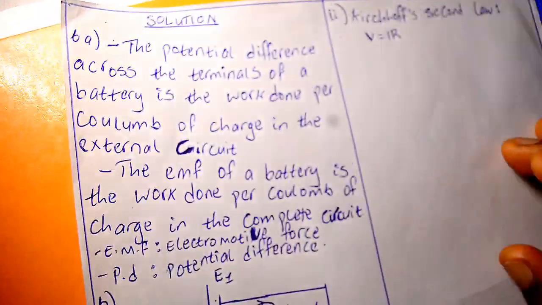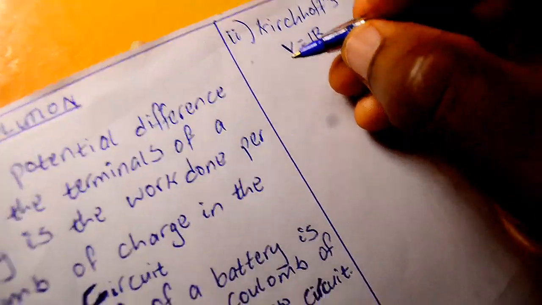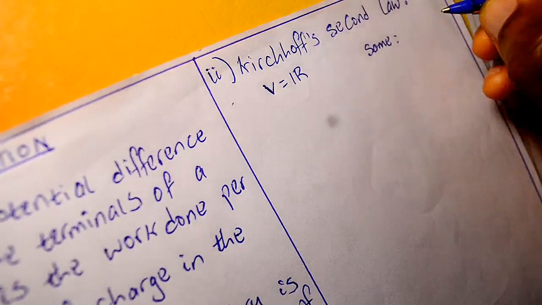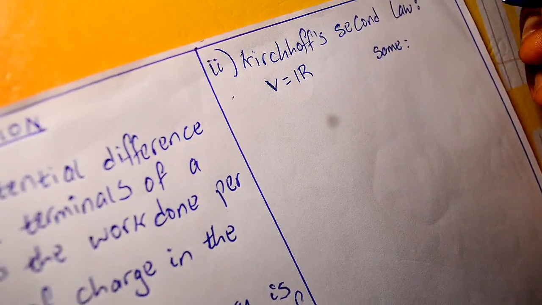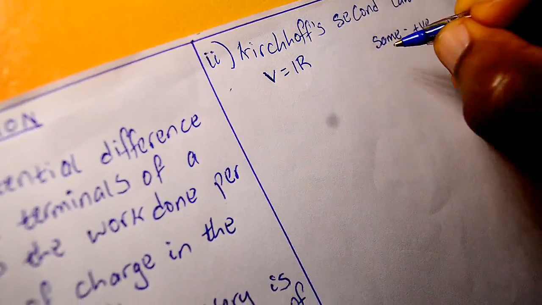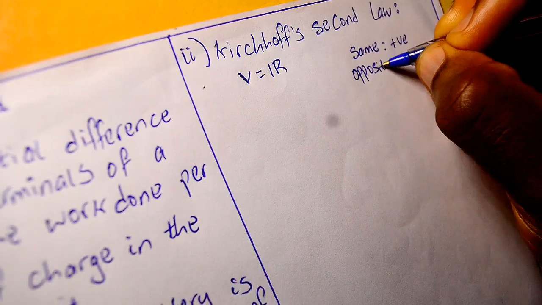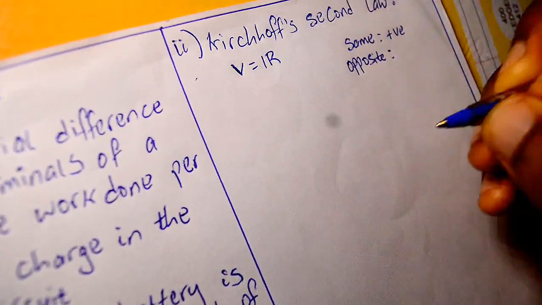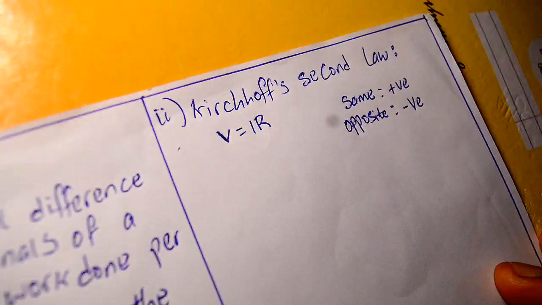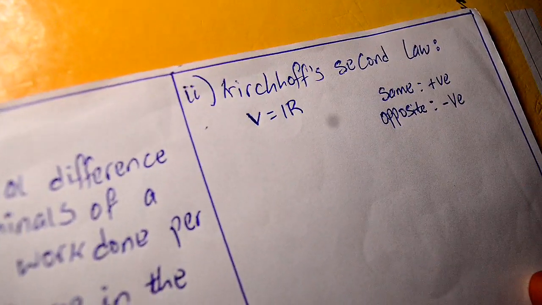to determine the voltage of these resistors. Remember, if current moves in the same direction as the loop, you have a positive value, and if current moves in the opposite direction to your loop, you have a negative value. I hope it's clear. Now you proceed.